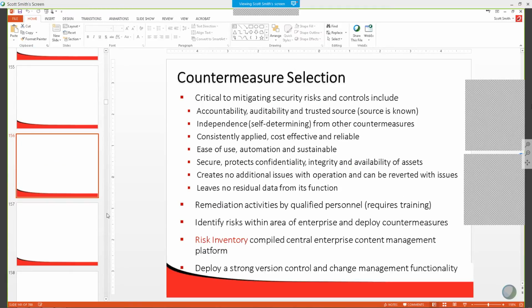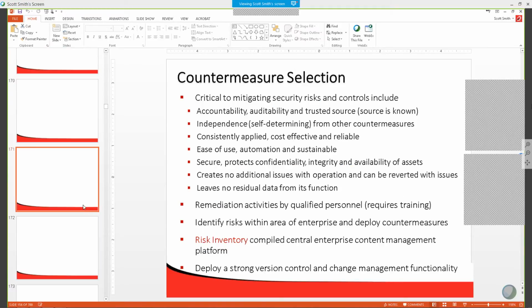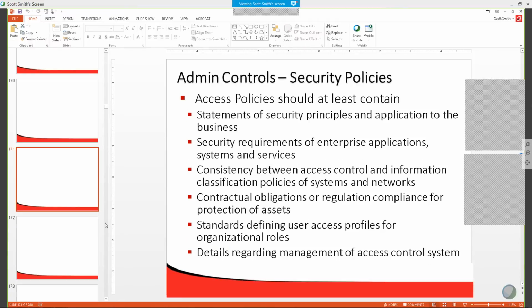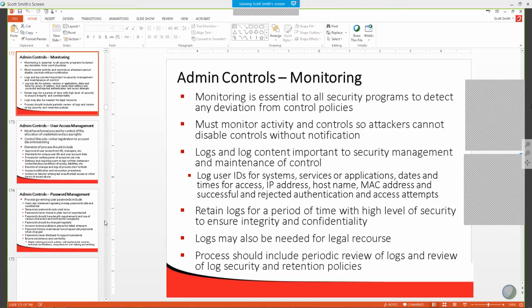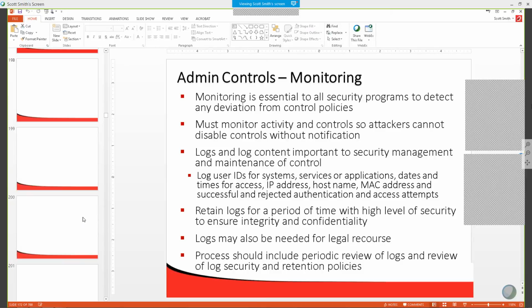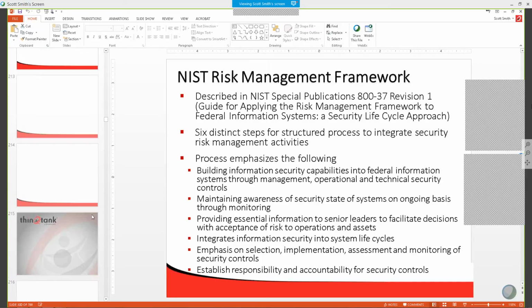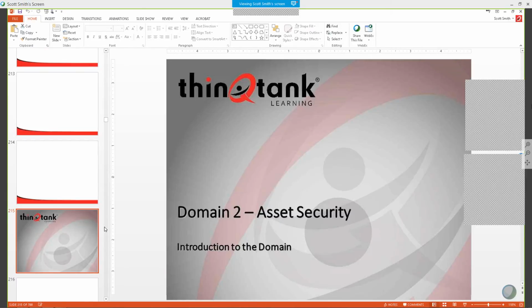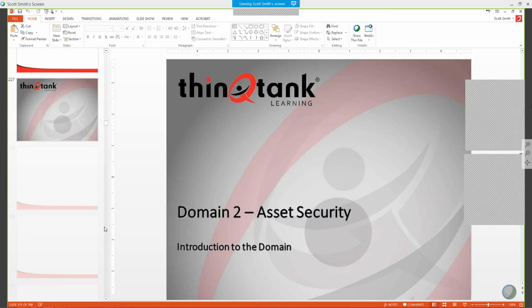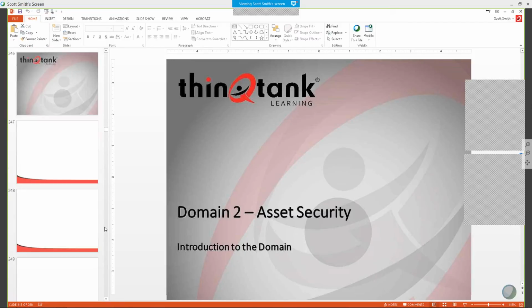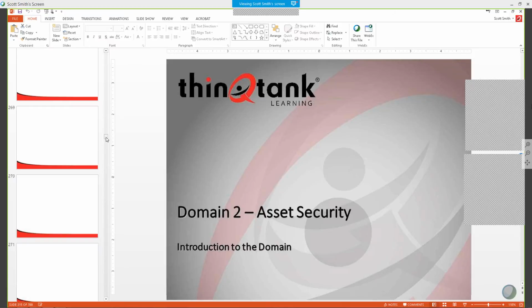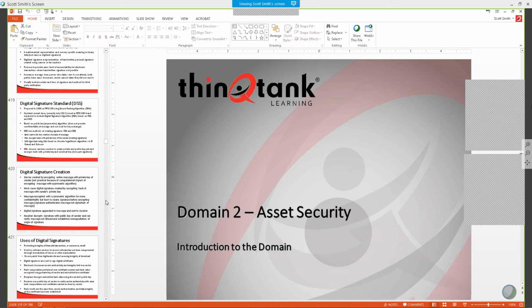Trying to get to the cryptography section. Oh, it's domain 3. Never mind. Let me go to domain 3.